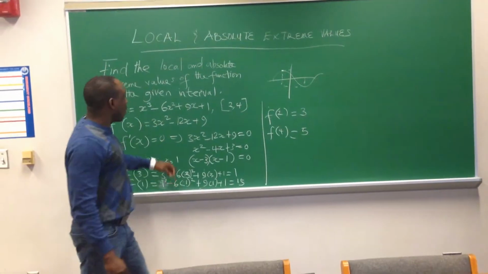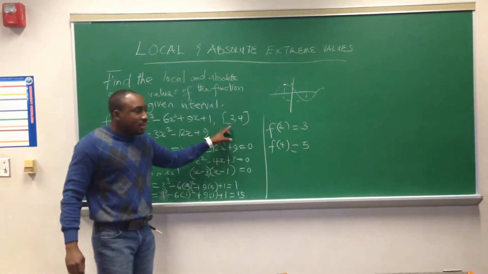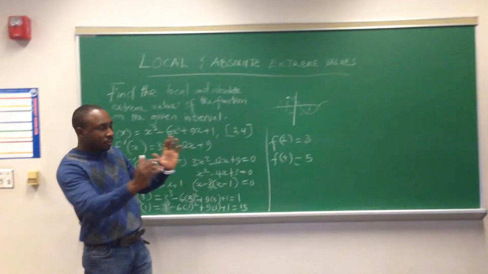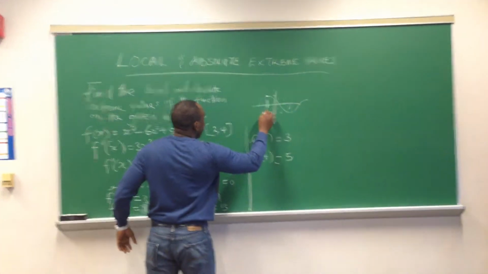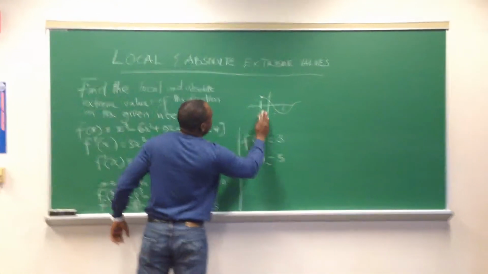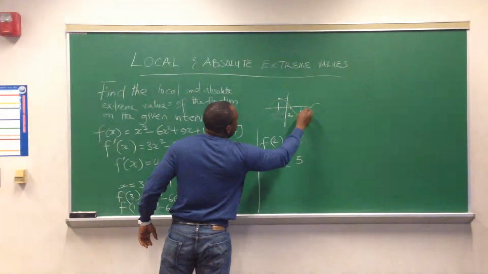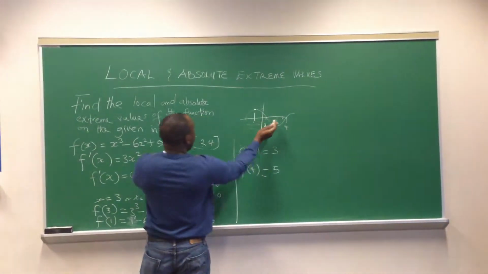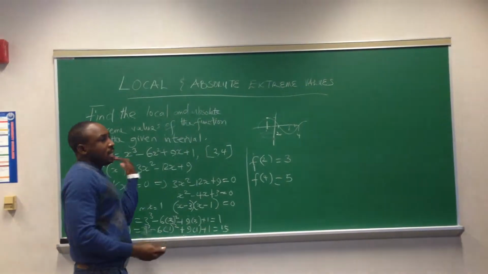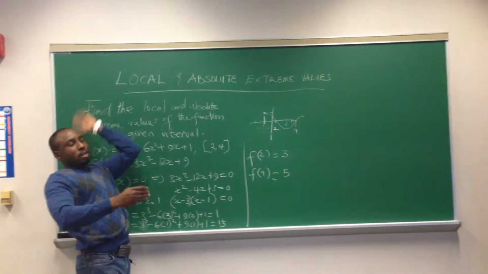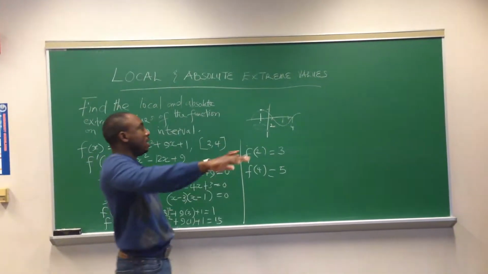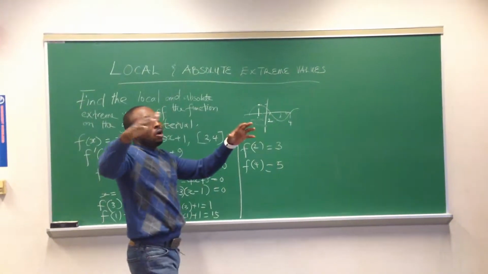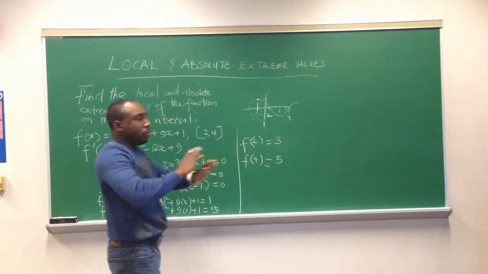But remember, this is an interval, so we consider x between 2 and 4. Anything below 2, toward negative infinity, or anything after 4, from 4.1 to positive infinity, we're not going to consider.